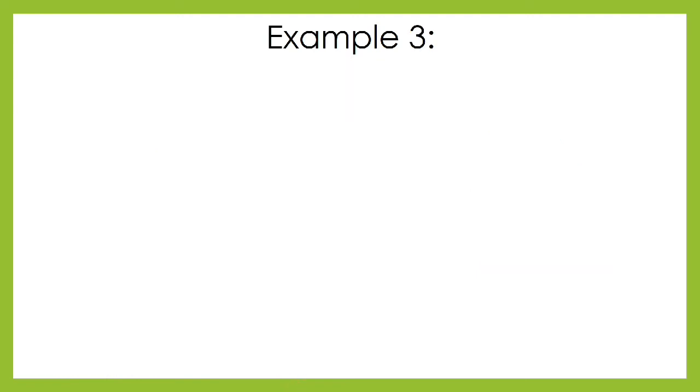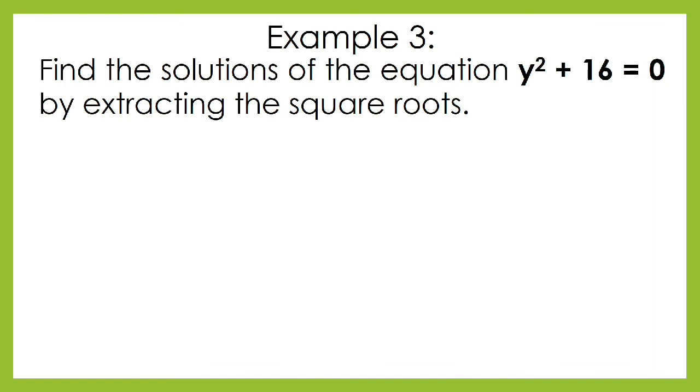Let's have example 3. Find the solutions of the equation y squared plus 16 equals 0 by extracting the square roots. The given equation is y squared plus 16 equals 0.